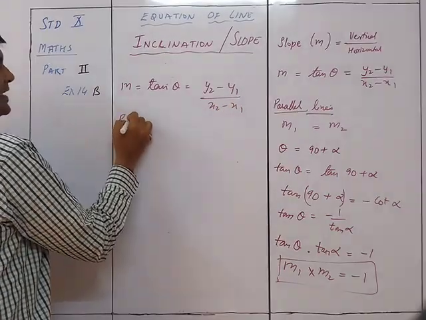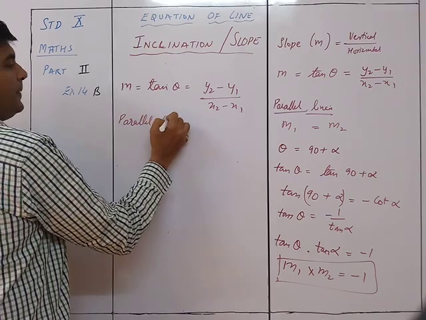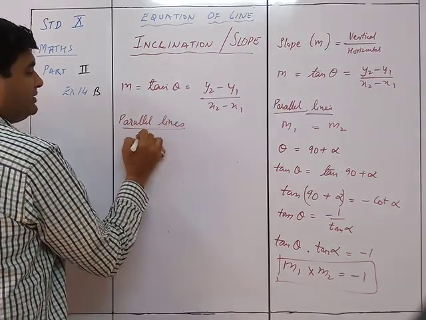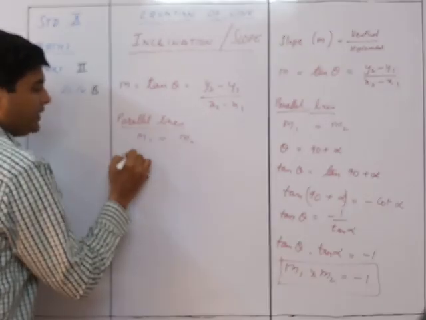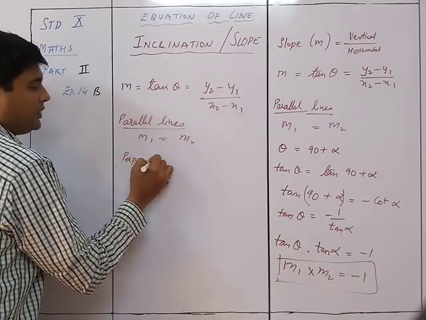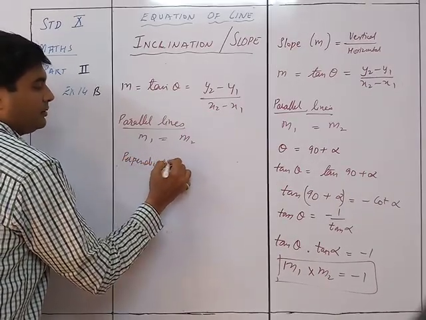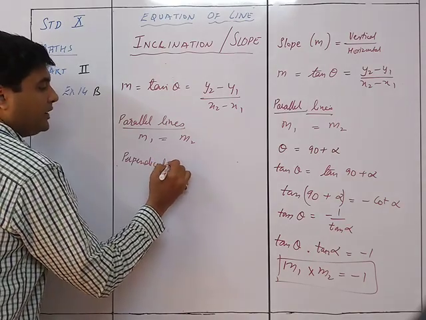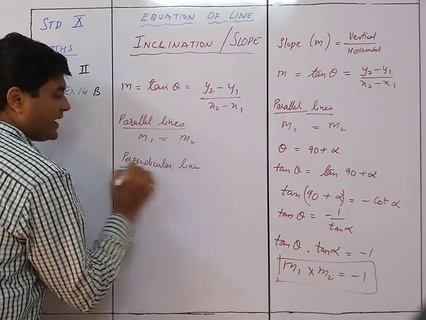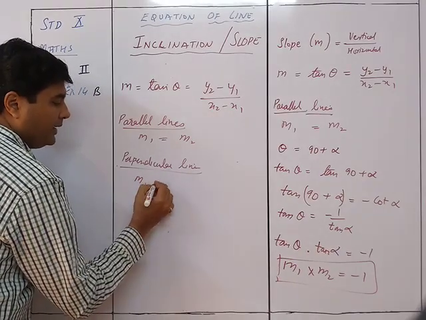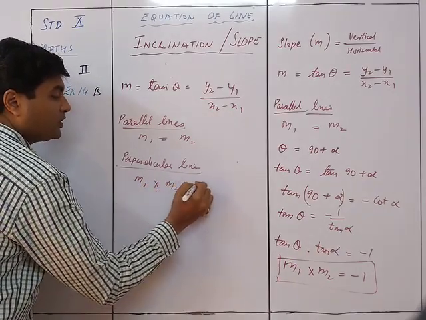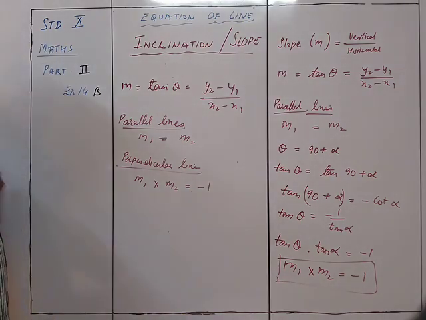Next is parallel lines. In case of parallel lines, what happens? m1 is equal to m2, slopes are equal. And in perpendicular lines, it is found that m1 into m2 is equal to minus 1.